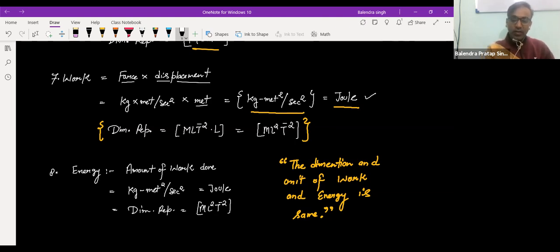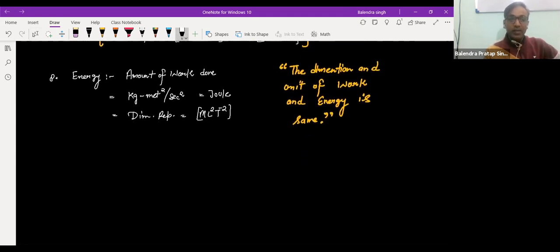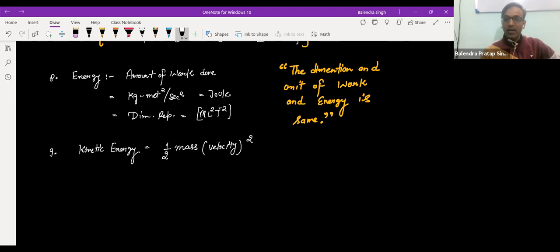Okay. So next one, ninth, is kinetic energy. The formula for kinetic energy is half m, mass into velocity square.